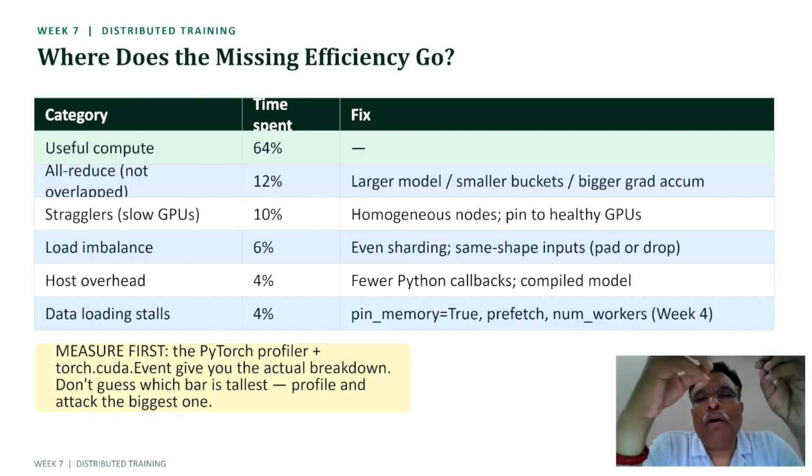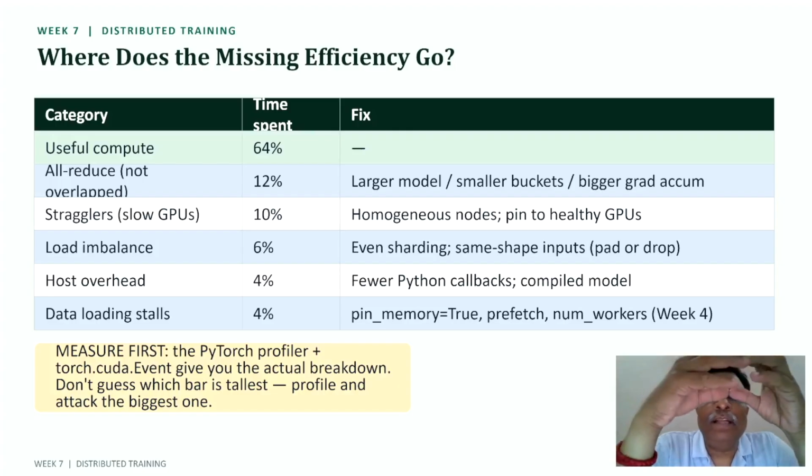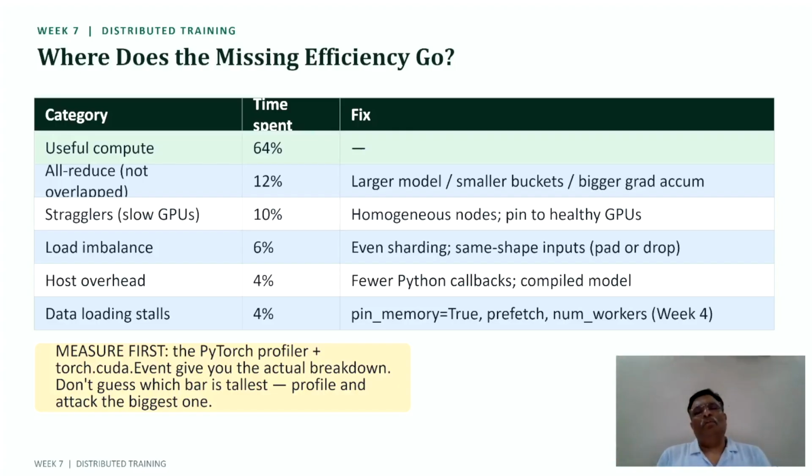Slow GPUs, when you talk about pinning the GPUs and homogeneous nodes, take 10%. Load imbalance gives us about 6% of time. Host overhead is 4%, and data loading stalls 4%.